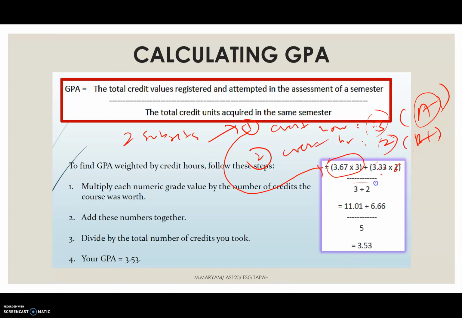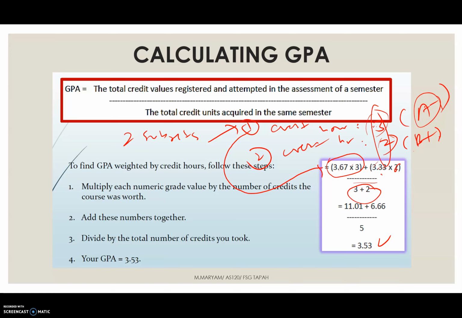Okay, and then you divide by the number of credit hours for that semester. So these two subjects will give you 5 credit hours. Alright, so finally you will get 3.53. Basically you get a dean, you are on the dean's list, because you get 3.5 and above.